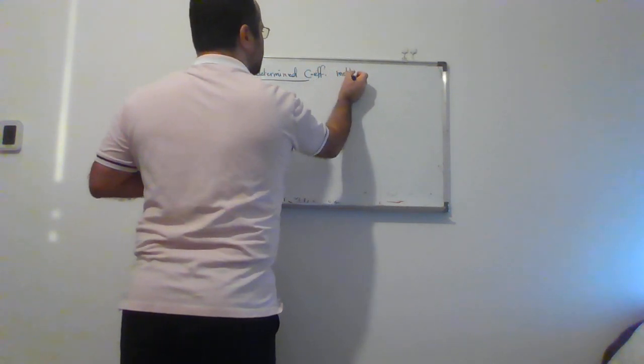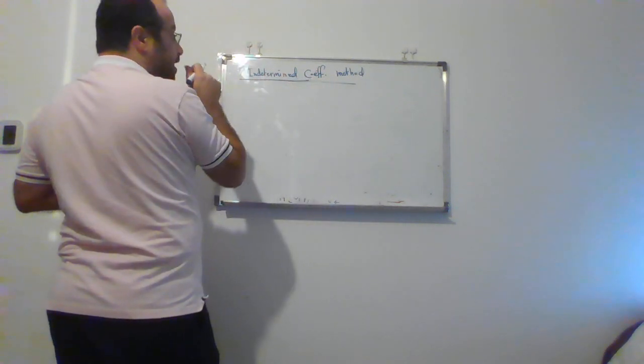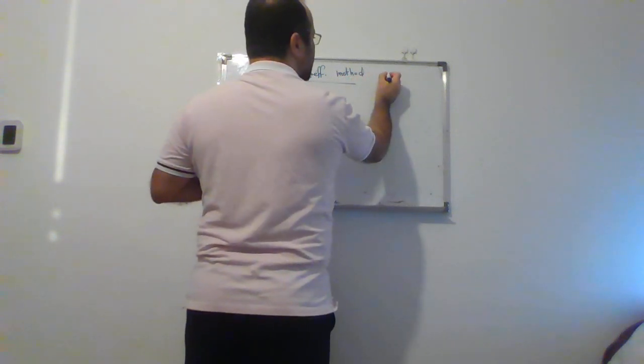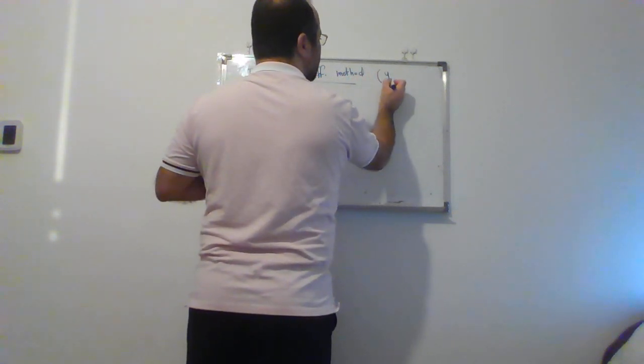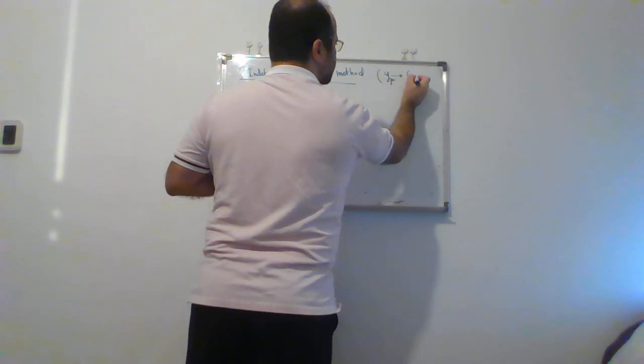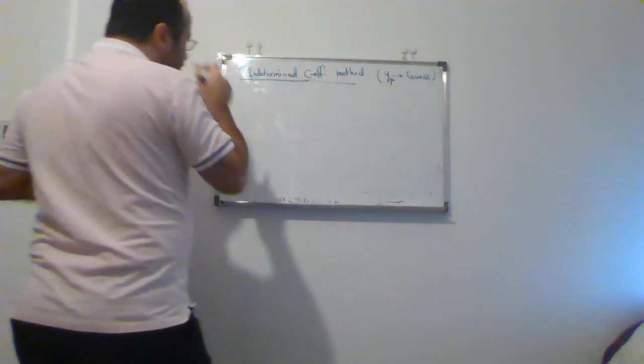What is this method? It says that it is a method of guessing the y particular. So this method is saying you can guess y particular. You can get it by guessing. How are you going to guess this?